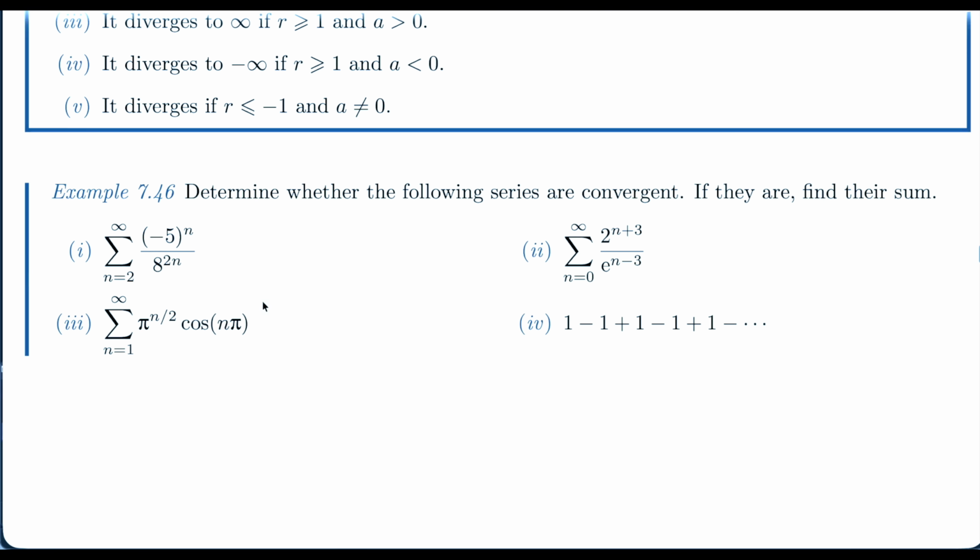Now let us go to these examples. Let us try to do as many of them as we can because these are simple. Somehow you need to train your eyes to catch this geometric series pattern. So let us start with the first one.